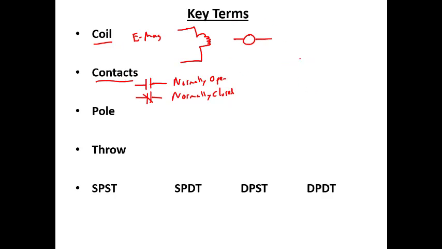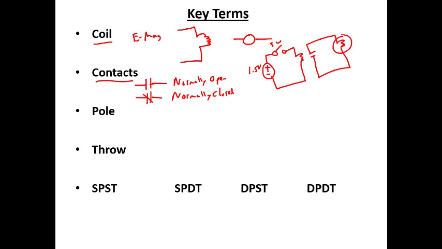So in a simple relay circuit, you might have, let's say, a 1.5 volt battery that's energizing a coil, and then on here, let's say that we have a switch. So here we have a switch, and then we have a relay coil and a contact. This is how they would be drawn in Multisim.